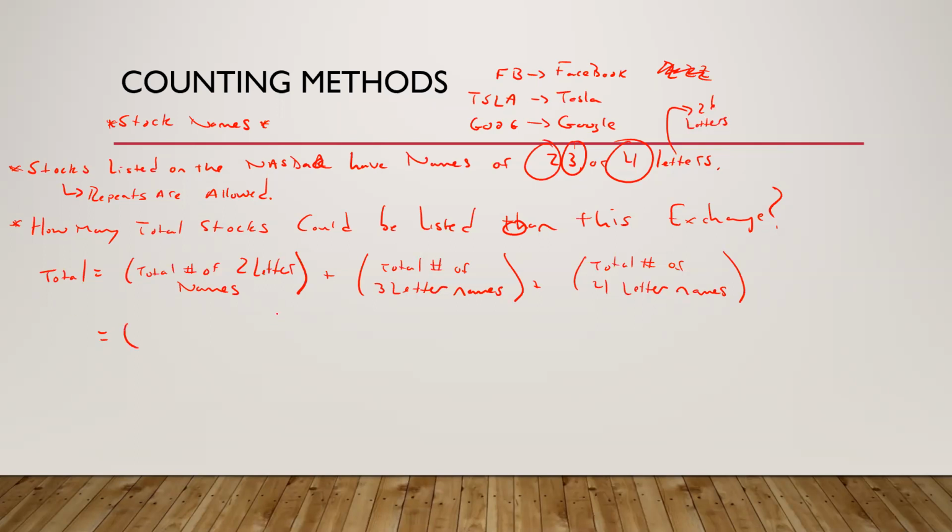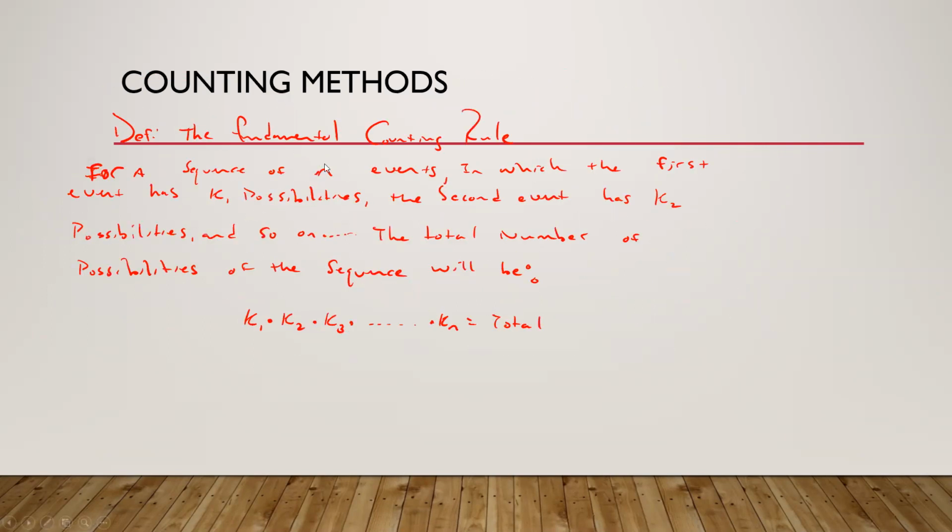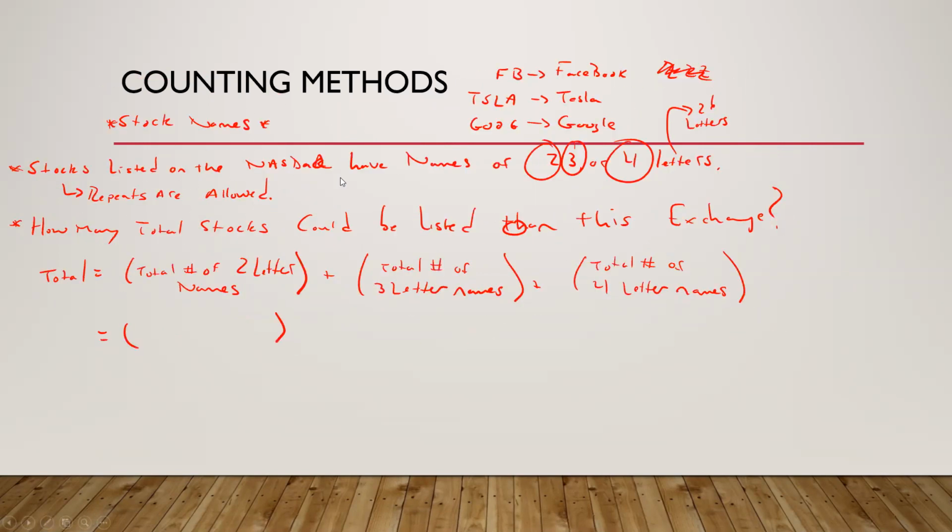Okay. So if you're going to select a 2-letter name, going back, look, this is a sequence of 2 events. Yeah, Barry has it. Thank you, Barry. Yeah, perfect. Awesome job. So the ways you could select the first letter is 26.